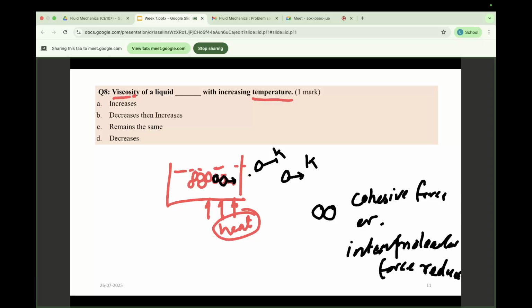Because the molecules gain kinetic energy from the heat and try to move away from each other, and that's why the intermolecular force reduces. So its resistance to flow will also reduce, that means the viscosity will also decrease.